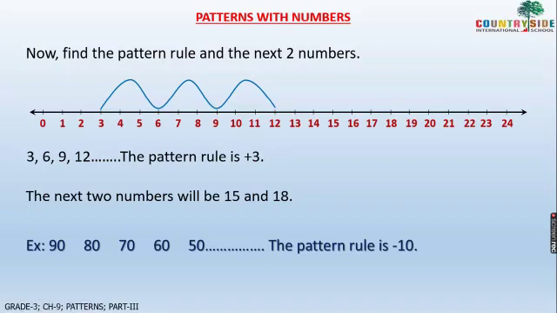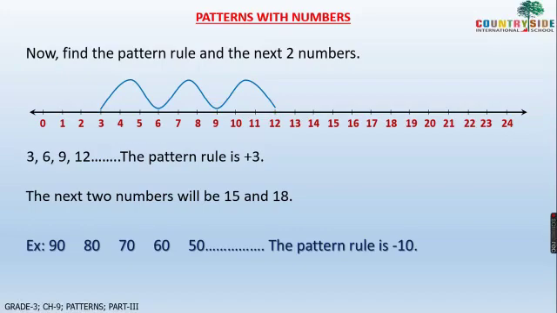Okay children. See, now another example here: 90, 80, 70, 60, 50. What will be the pattern rule here, children? How many numbers have I skipped here? 10 numbers. So your pattern rule will be 10. But children, see, here we are going backward. After 90 what comes? 100, then 110.